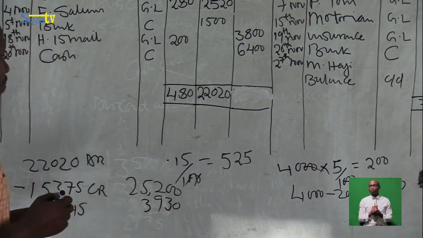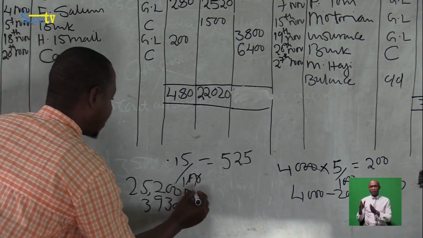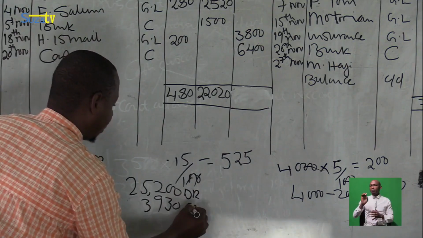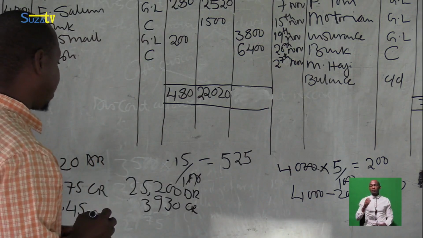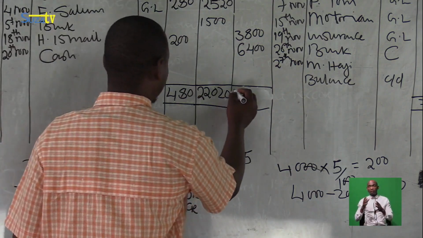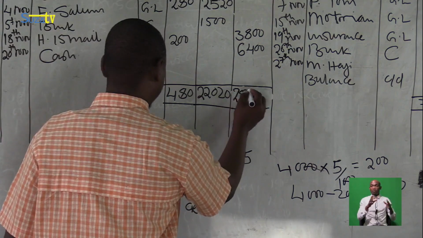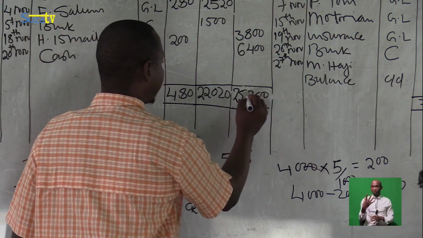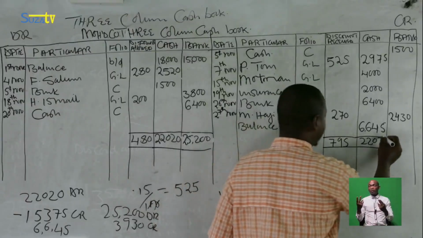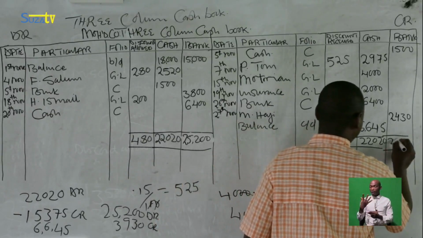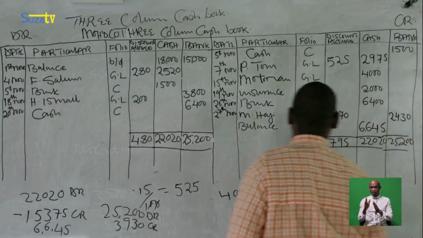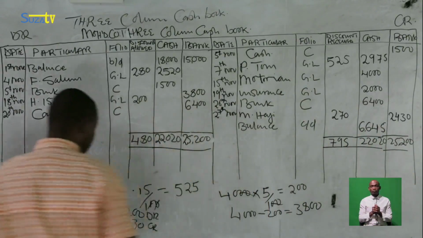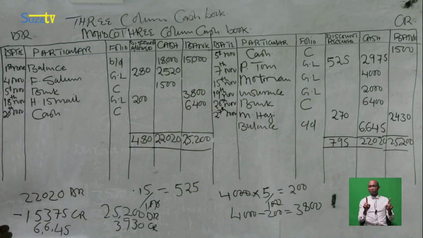Which side is bigger? The debit side is bigger than the credit side. If the debit side is bigger than the credit side, put the bigger amount, that is 25,200, on both sides. What is the difference between the debit side and the credit side total?